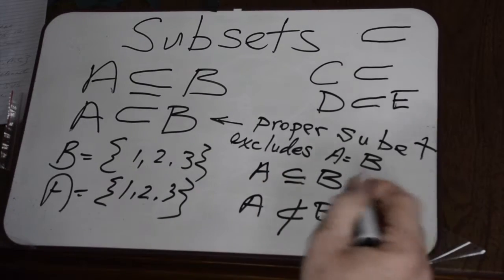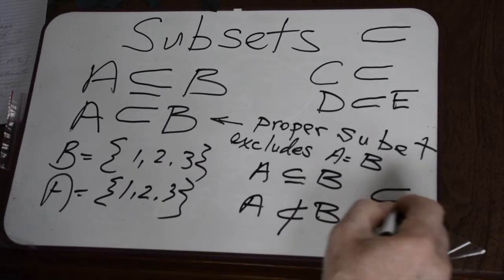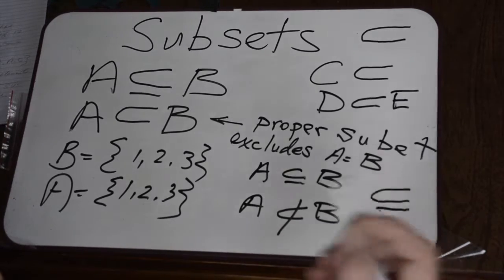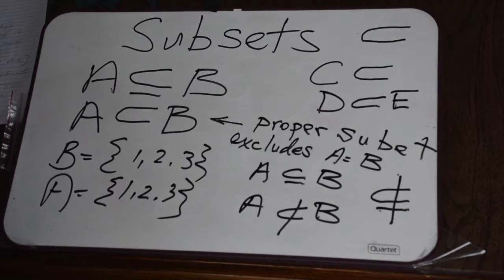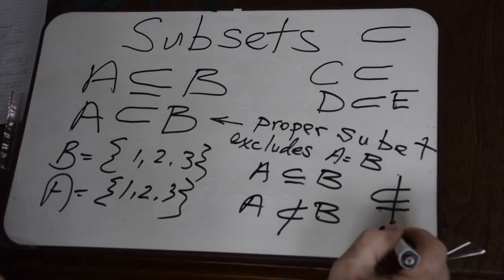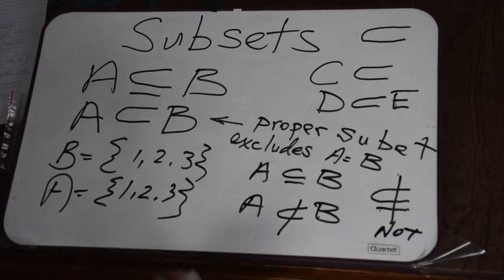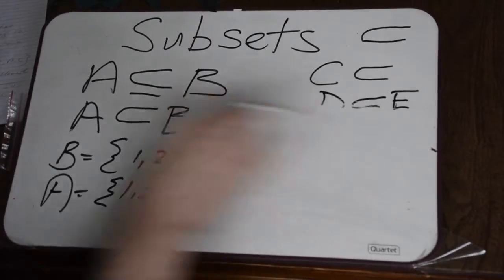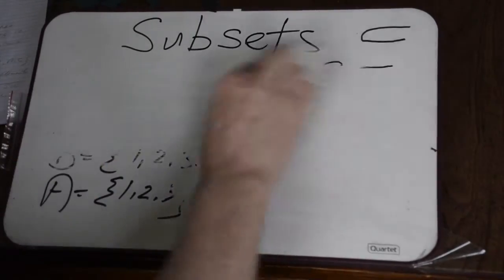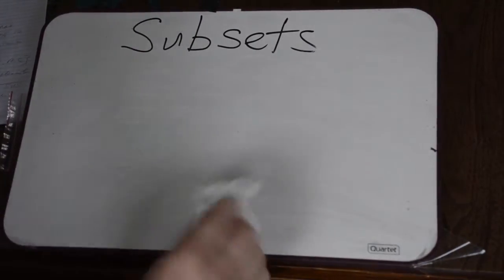Similarly, sometimes you'll see a symbol like this, a subset with a line this way, and a regular subset with a line through it. That means not a subset. You want to see an example of not a subset? I'll give you an example.